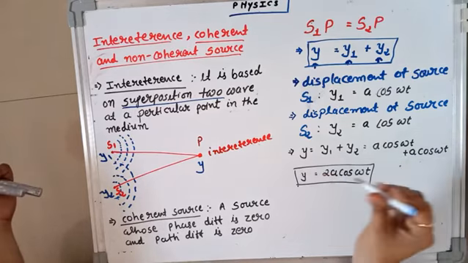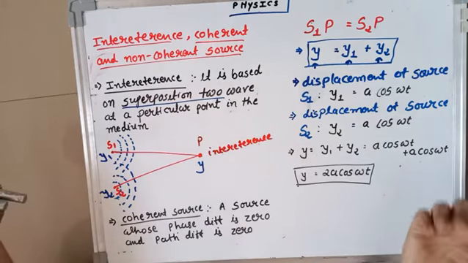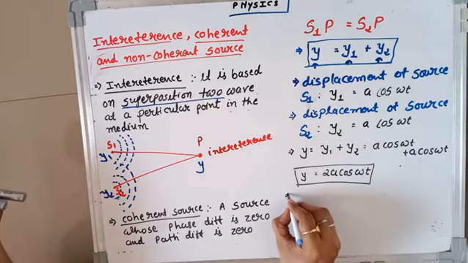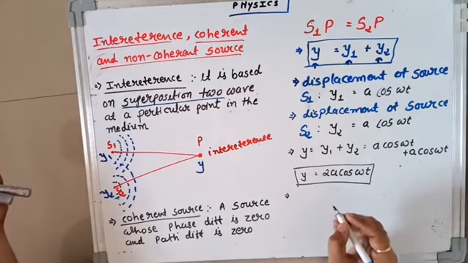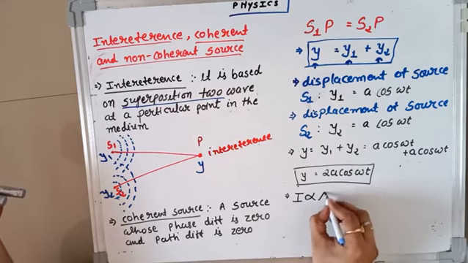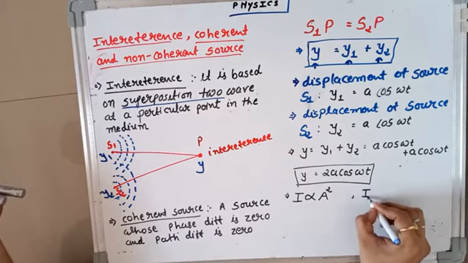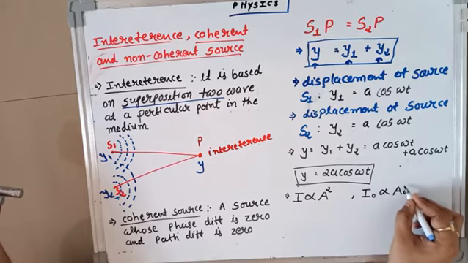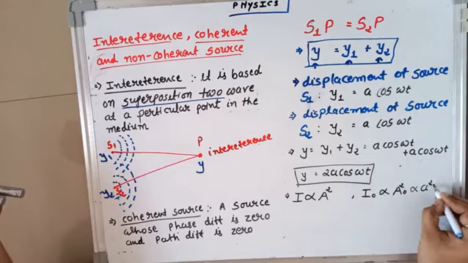Here is the final displacement. After that we have to study its intensity. As we studied in waves, chapter 15 of class 11 science, intensity I is proportional to a square. The initial intensity I0 is proportional to a0 square, which I can write as a square.